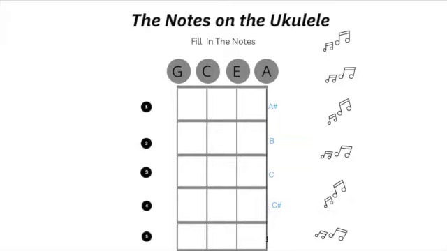And then the fifth fret is D. Now, that works great because we've moved right along with the musical alphabet.